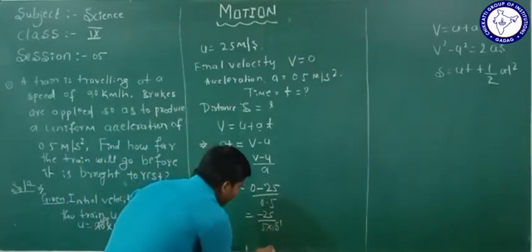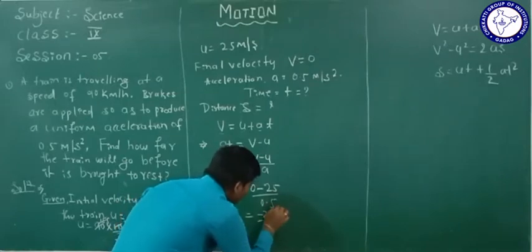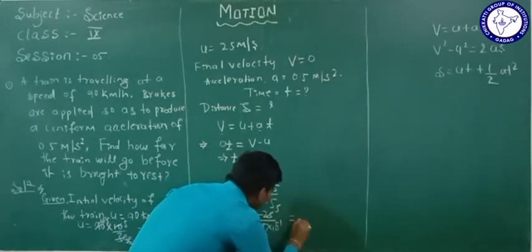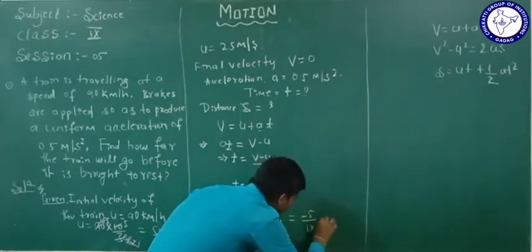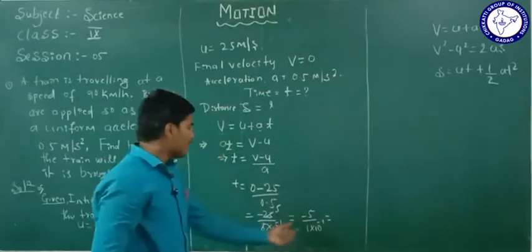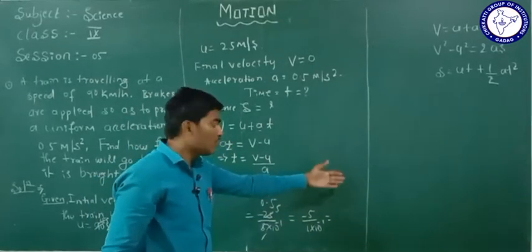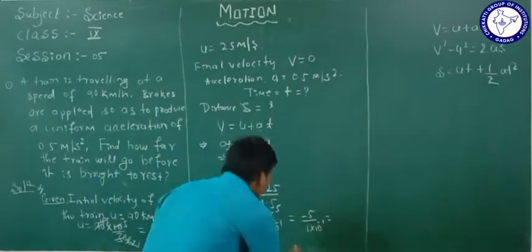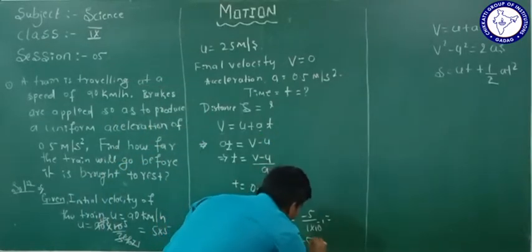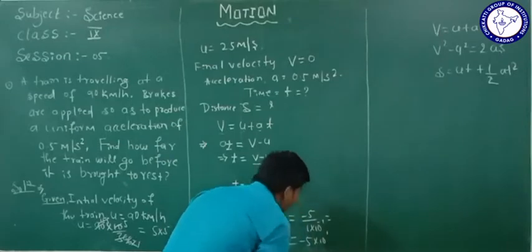So 5 ones are 5, 5 fives are 25, and that is equal to minus 5 divided by 1 into 10 raised to minus 1. Now take 10 raised to minus 1 into the numerator, it becomes plus, 10 raised to plus 1, that is equal to minus 5 into 10 raised to 1.